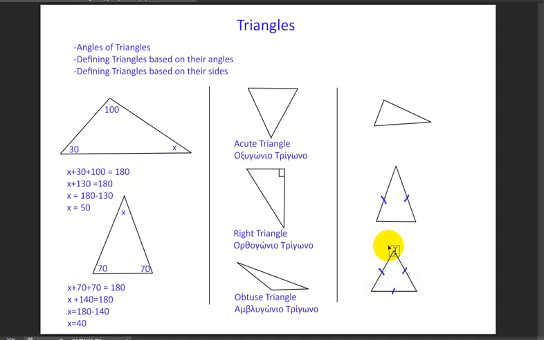When we have no sides equal, we call the triangle that we get a scalene triangle. In Greek, that would be scaleno. When we have 2 sides equal, that is called an isosceles triangle.